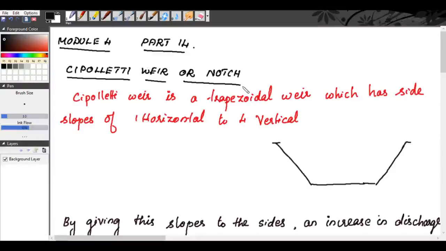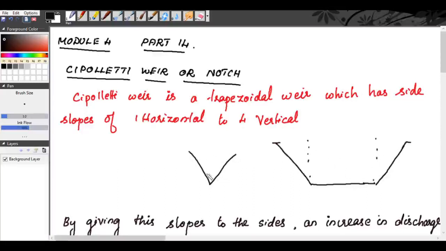So you have already studied about a trapezoidal weir or notches. A trapezoidal weir or notch is a combination of both a rectangular notch and a triangular notch, right? So this is one triangle and this is another triangle. If you join these both, you will get a V notch.